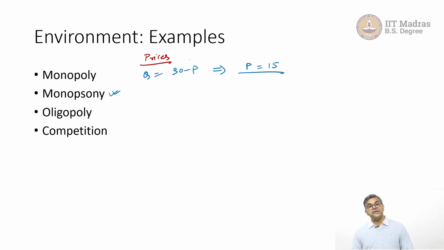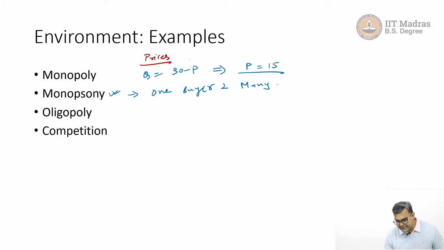So, he would be able to negotiate a much better price from the apartment complex owner. So, monopsony is basically one buyer and many sellers, and monopoly is one seller and many buyers.